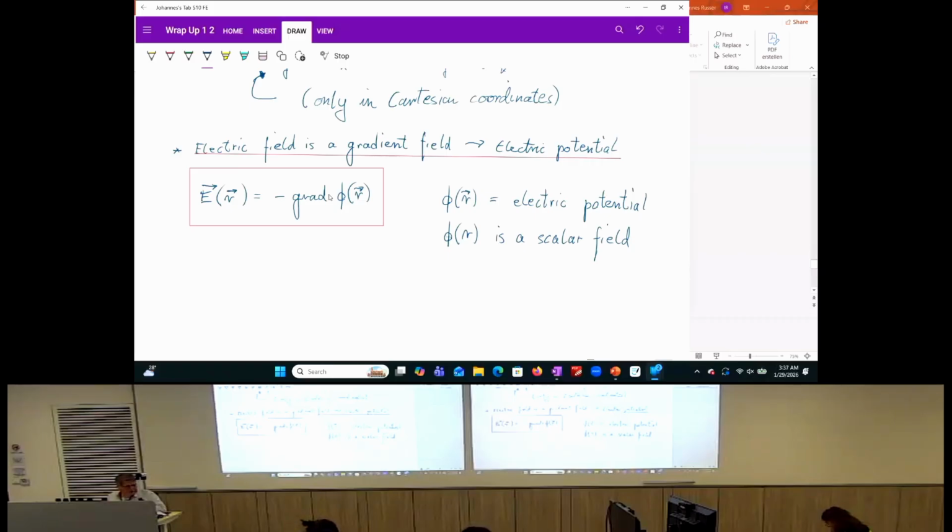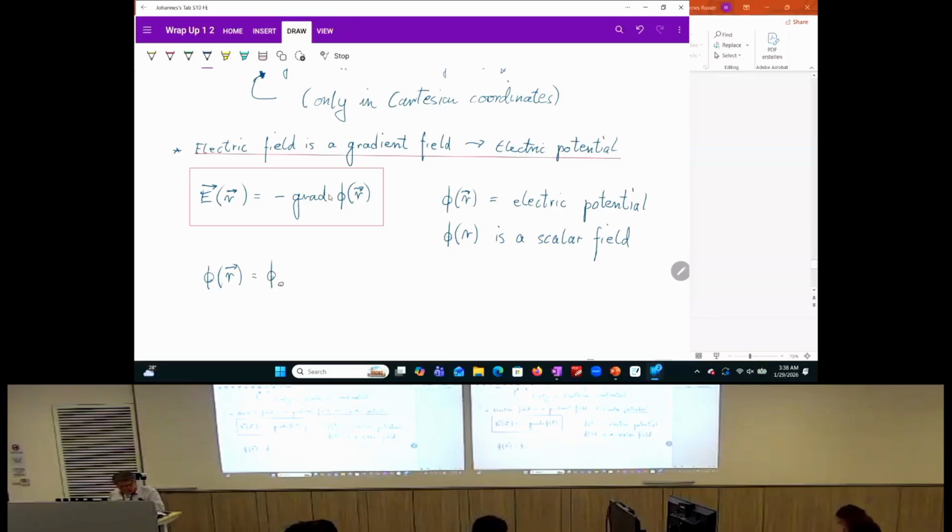You obtain the electric field from that scalar potential, and of course vice versa is also true: you get the potential from the electric field. So it can go back and forth, but there's a small difference, because the electric field is uniquely defined by the electric potential, while the potential from the electric field is defined up to a constant, which you're free to choose.